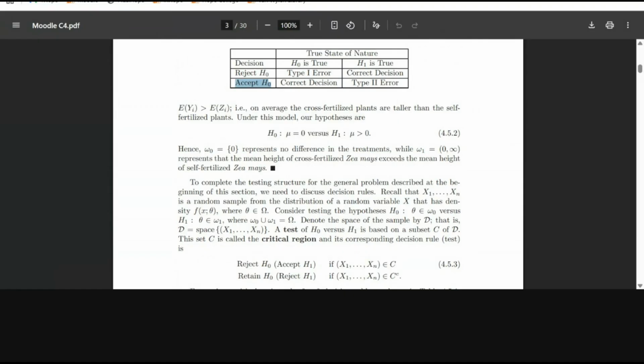So it's the probability of, when the true state of nature is mu one. You notice this expression is not a number per se, but it is a function. So just do exactly what you did with 71.